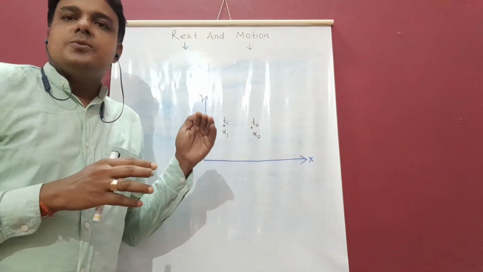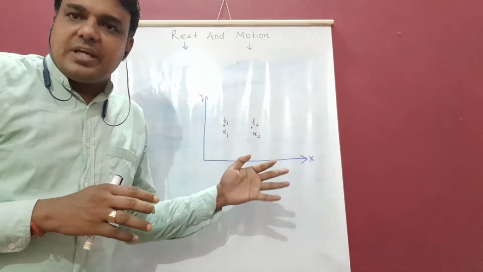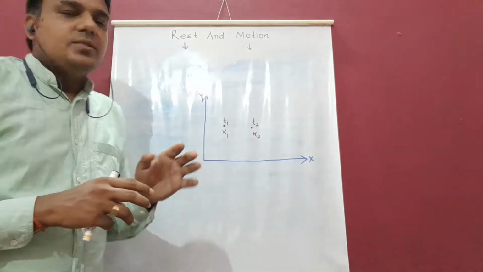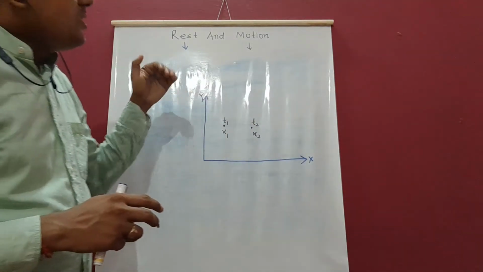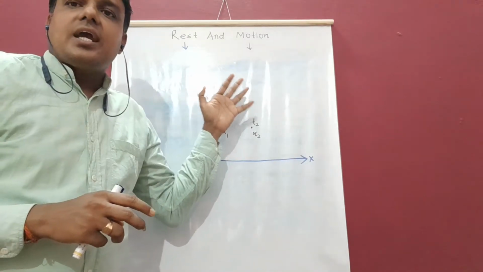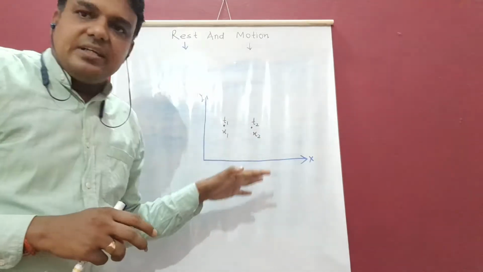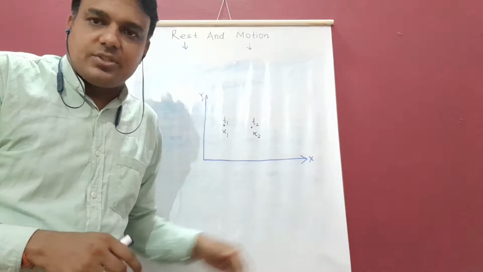According to the passage of time, the change in position can be represented in different types of motion.